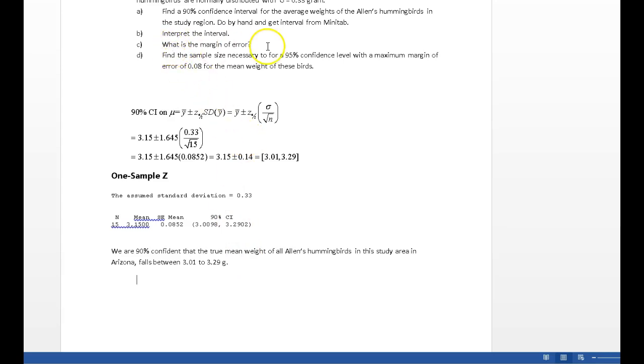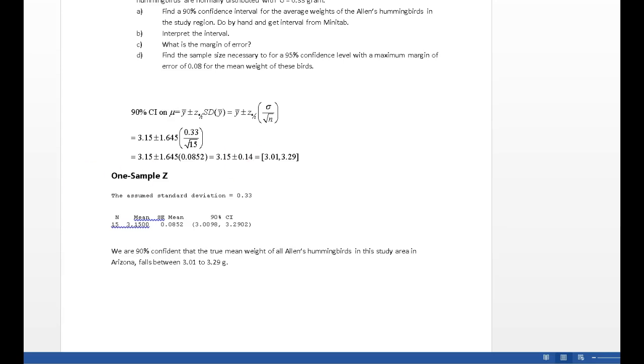Now, what is the margin of error? The margin of error is the number that occurs after you've done this whole thing right here. It's basically the plus or minus. So right here I can see my margin of error is equal to 0.14. 0.14 is half the length of my interval.